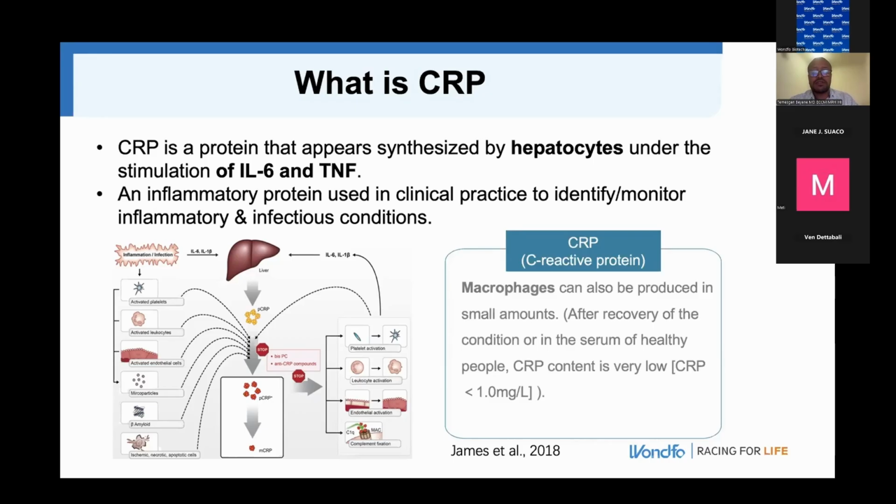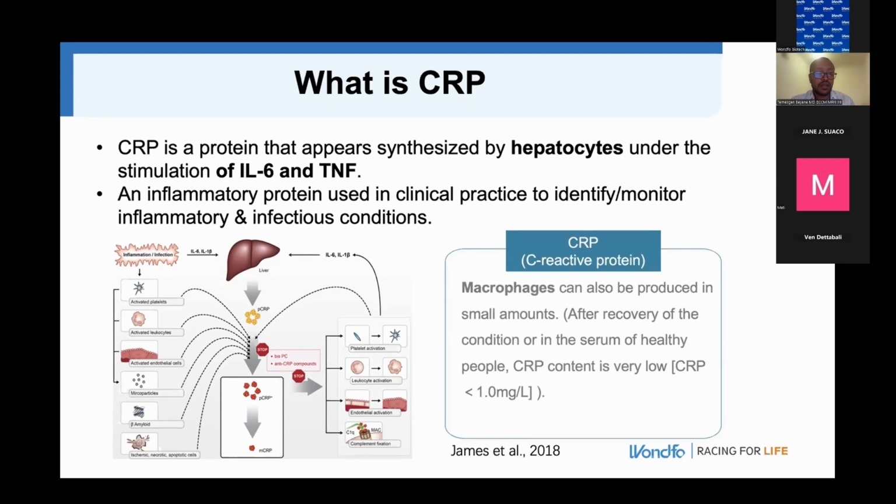Not only for inflammatory versus infectious issues, it's also a marker used in risk stratification for coronary heart disease.